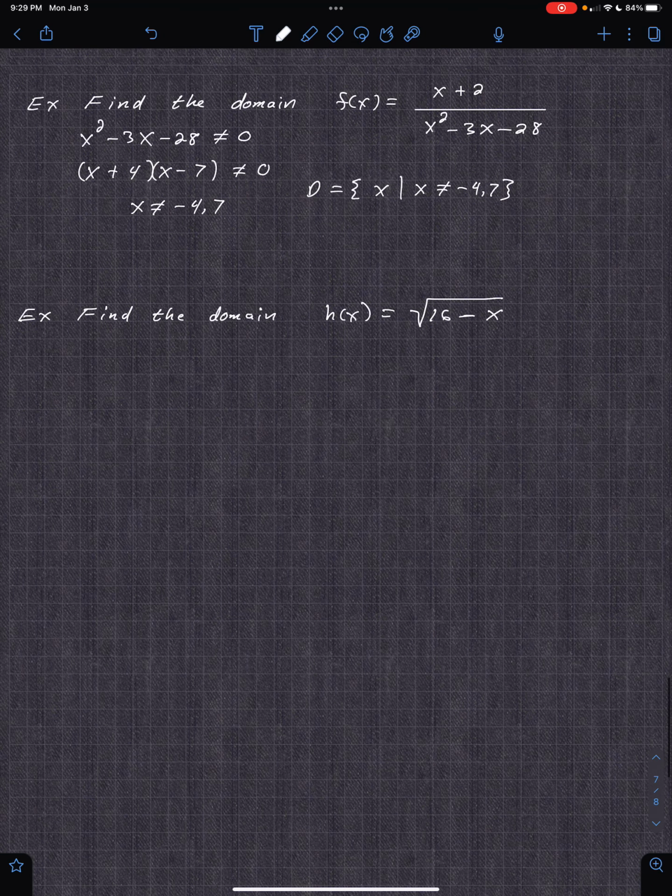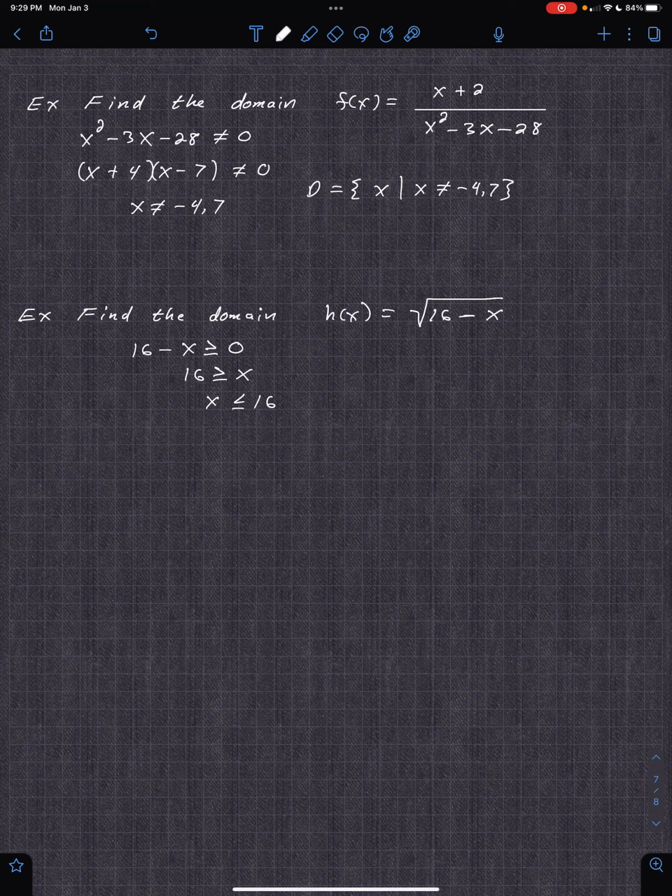Now this one, same idea, 16 minus x needs to be greater than or equal to 0. And so you say 16 is greater than or equal to x, or you can flip it. x is less than or equal to 16. So again, I just add x on both sides, and then you can flip the entire inequality and get it like that.